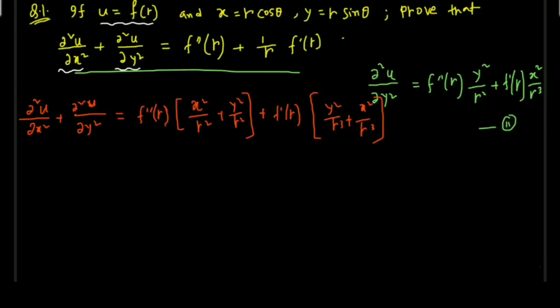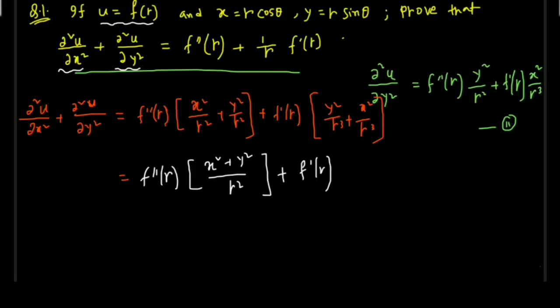So here you will get f double prime r into (x² plus y²)/r², plus f prime r into, of course, (y² plus x²)/r³, and you know x² plus y² is r².